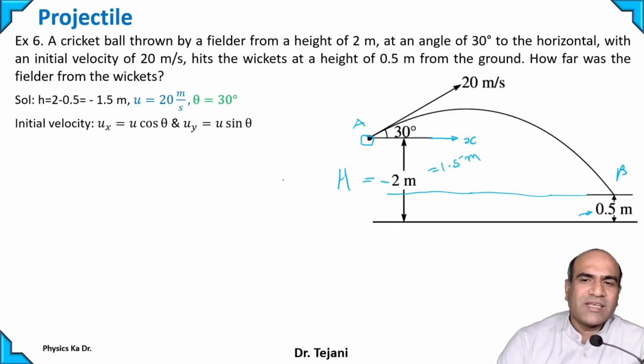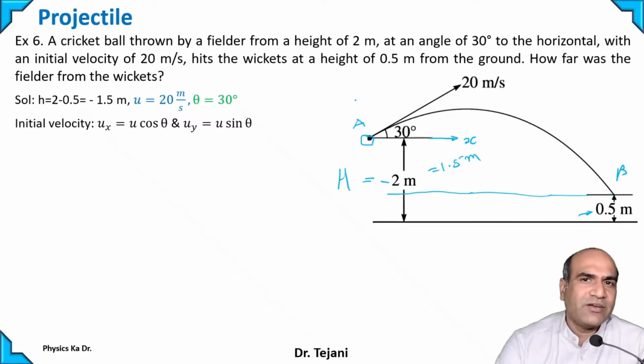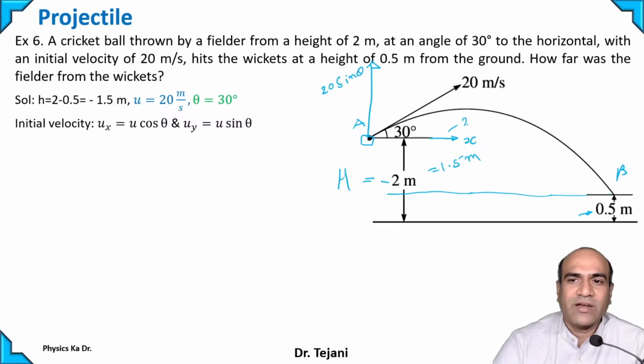So we have horizontal component and vertical component of velocity u, right? So u cos theta is the horizontal component, and u sin theta becomes the vertical component. The angle which is far away, for that we write 20 sin theta, and the angle which is nearer, for that we write 20 cos theta, right? You have to remember this part.